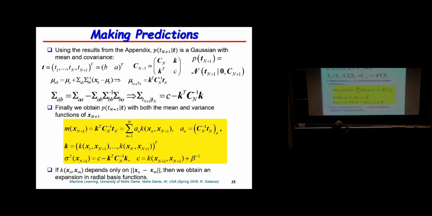It's called a posterior GP because I use some training data T, and I started with a prior on the type of functions we're looking at in this particular problem.